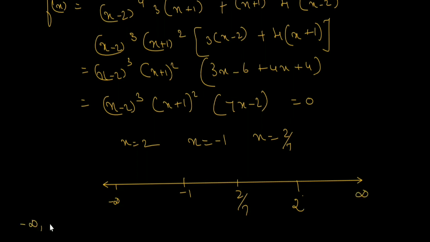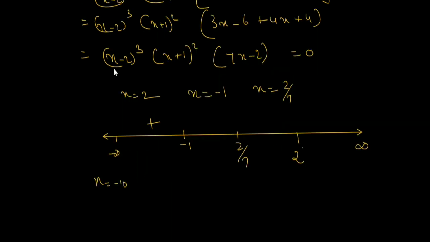The interval minus infinity to minus 1. Your f dash of x, find out, take minus 10 and substitute here. If you take x as minus 10, minus 10 minus 2 the whole cube is negative, minus 10 plus 1 the whole square is positive, and minus 70 minus 2 is negative. So you get positive.